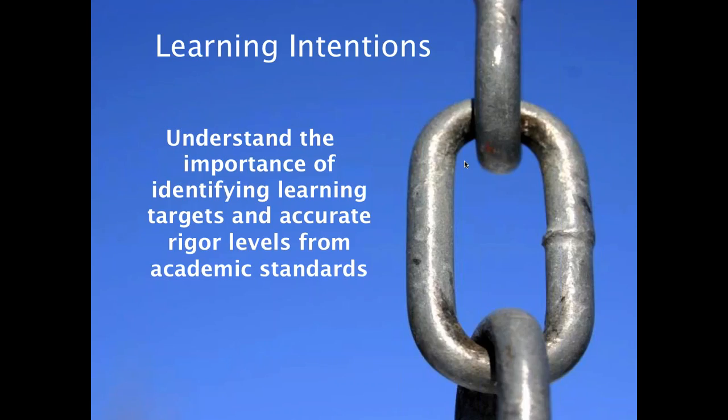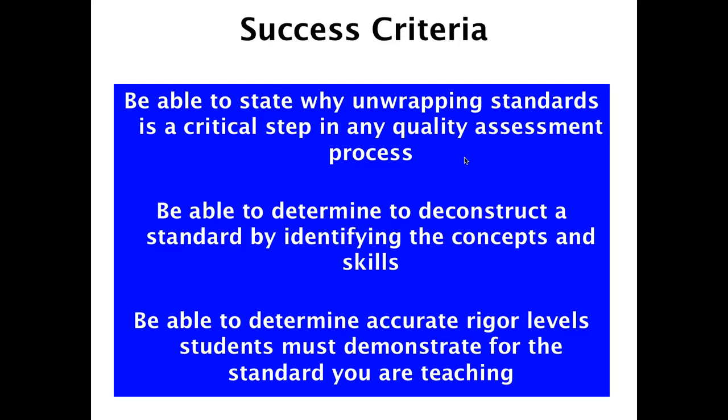We definitely will focus on clarity throughout all of the work we try to do, so our learning intention will be to understand the importance of identifying learning targets and accurate rigor levels from the academic standards that we're teaching and focusing on. That's my charge. You as the learners will know you've met the learning targets when you can complete these 3 success criteria. Be able to understand why unwrapping standards is a critical step in the quality assessment design process.